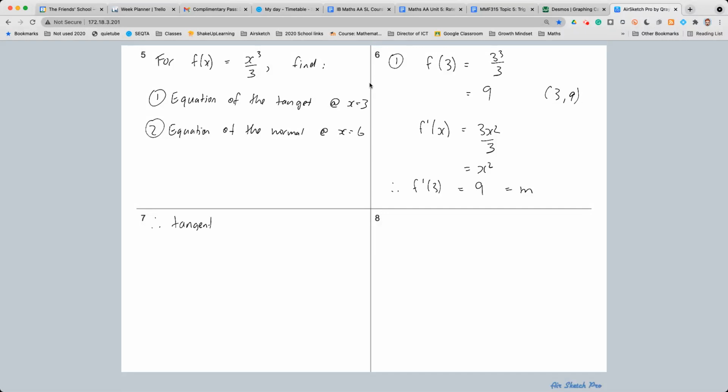Therefore, tangent is y minus 9 equals 9 times x minus 3. I'll colour code this. 3, 3, 9, 9, 9, 9.